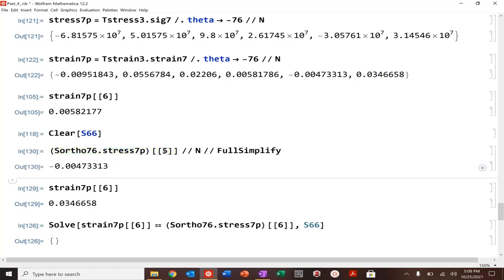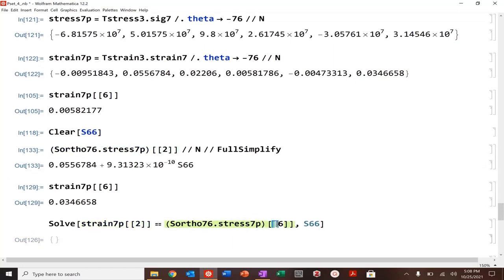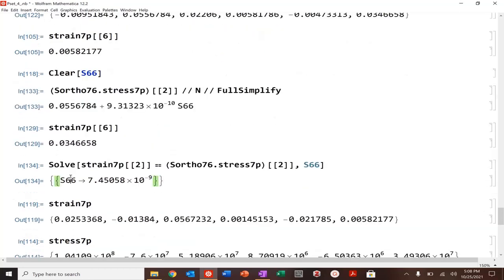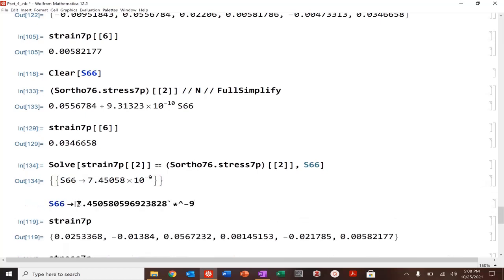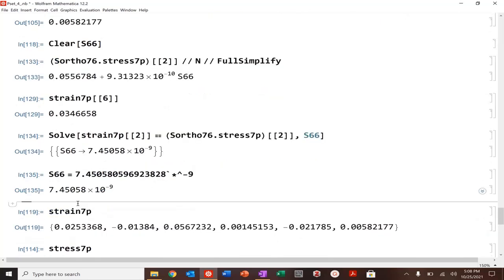Let's see, 5, 4, 3. Let's look at 2. So let's see, here we go. Sometimes Mathematica just doesn't like to solve for these values. So let's set it equal.